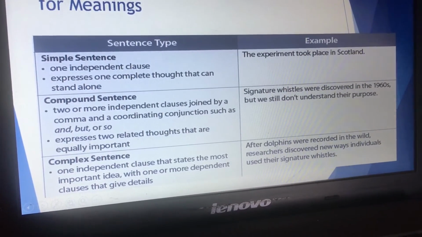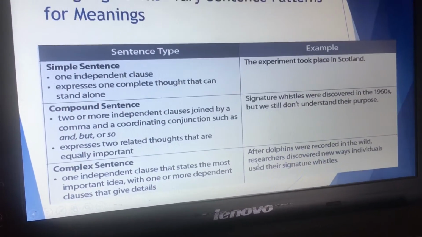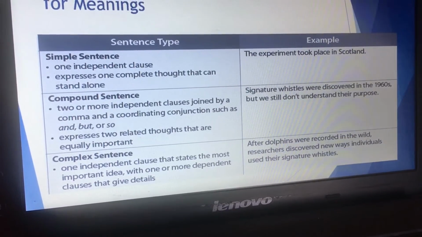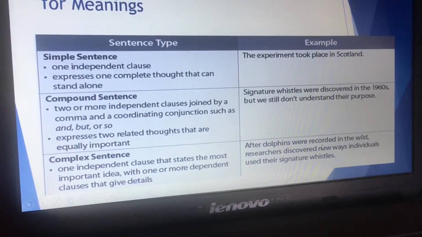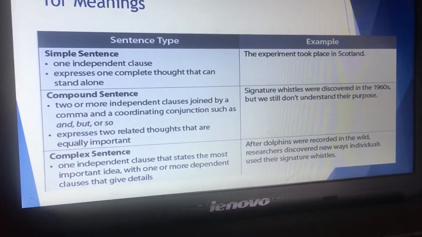If you look at the last example, about complex sentence, you can see that the conjunction over here is after. After dolphins were recorded in the wild, researchers discovered new ways individuals use their signature whistles.